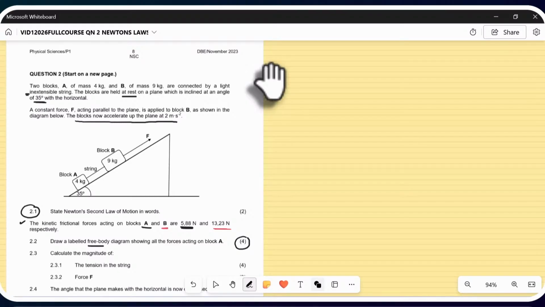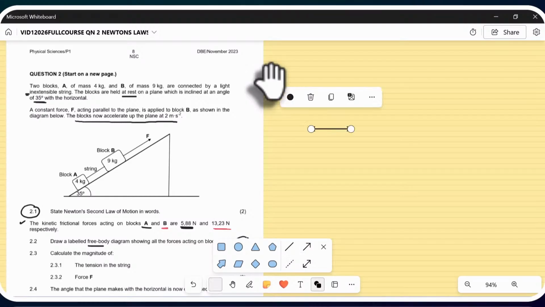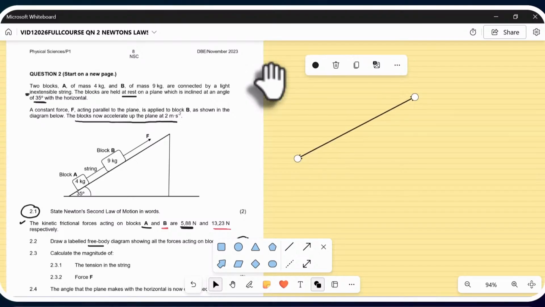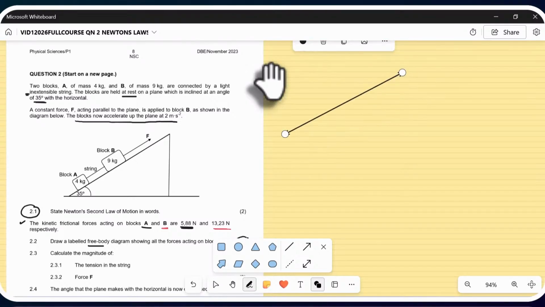We're going to have the frictional force bringing it down, but it's accelerating upwards. Because of this upwards acceleration, it means that we have the force F pulling the block. So we're going to have our free body somewhere here.